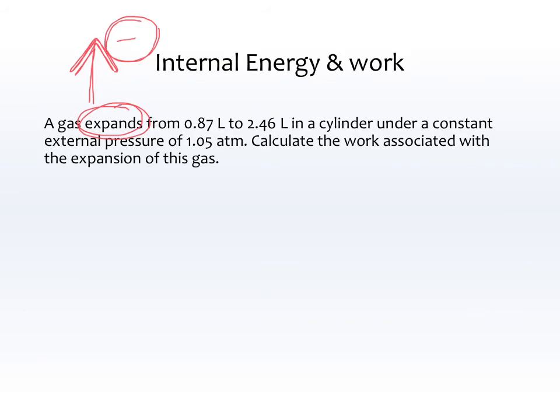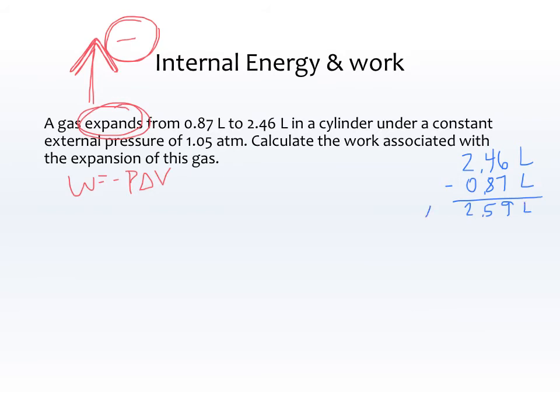So the formula here: work is equal to negative P delta V. Delta V is the change in volume. Let's math that out real fast. 2.46 liters minus 0.87 liters is 2.59 liters.